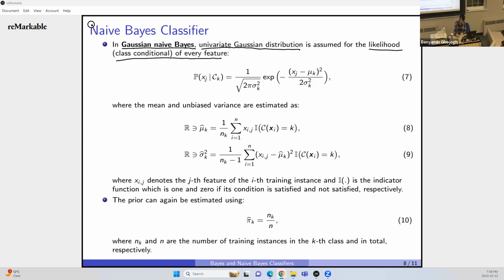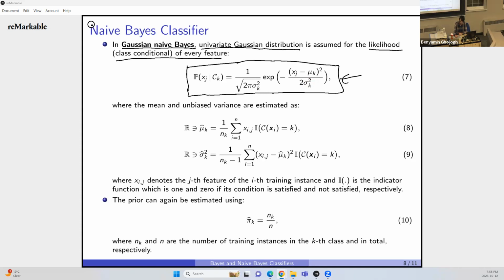Now assume each of them is a univariate Gaussian distribution. Why is it univariate? Because it's one feature, right? A feature is a scalar. This is a univariate Gaussian distribution with mean mu and variance sigma squared.